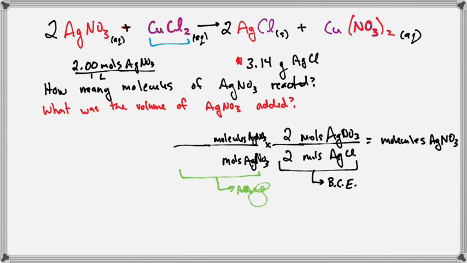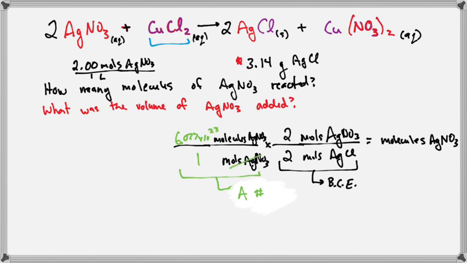Now I've just bollocksed it all up. Avogadro's number, let's just stick with that. Avogadro's number tells us 6.022 times 10 to the 23rd molecules is 1 mole.